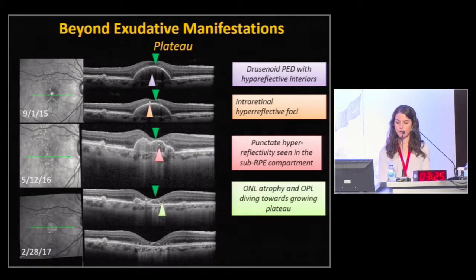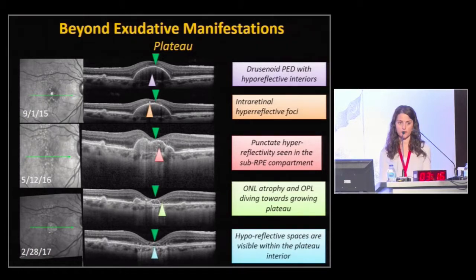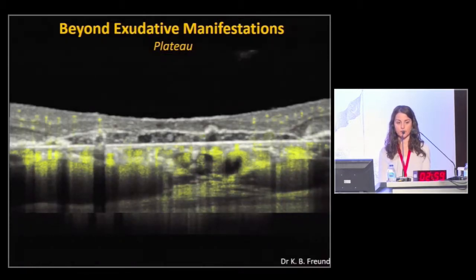Also, we will have some punctate hyperreflectivities within the area of the PED and progressive reabsorption of the material, but we have this plateau sign at the end within the areas of atrophy, and this has been shown in histology to correlate with the persistence of basal laminar deposits. OCTA is important here, because it shows that there's no flow signal at all in these cases, so it's really easy to differentiate this plateau sign from type 1 lesions by using OCTA.